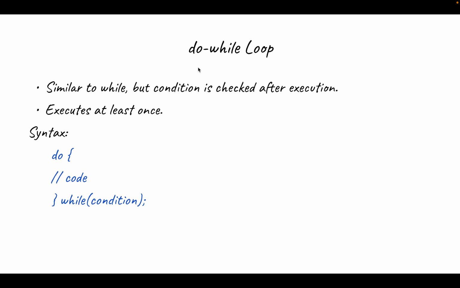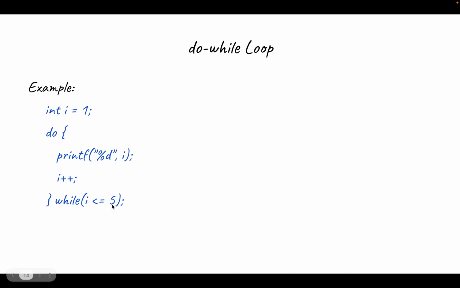The do while loop is similar to while, but the condition is checked after execution. It executes at least once. Syntax: do execute this code while condition is true. Example: int i equals 1, do print the value of i and increment by 1, meaning print 1 and then check the condition i less than or equal to 5.